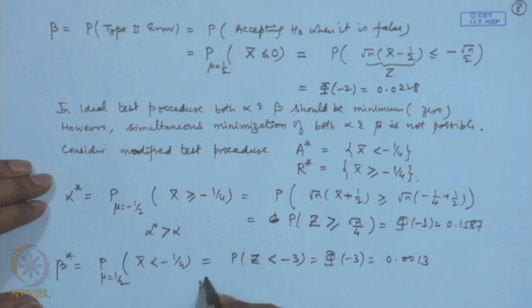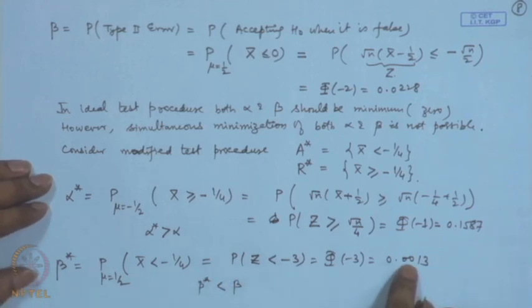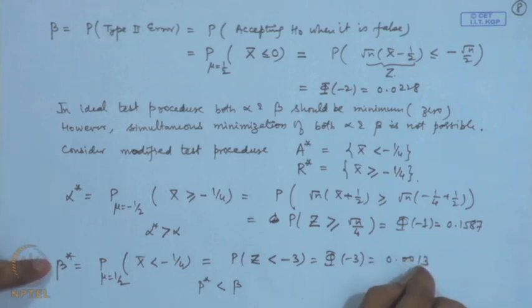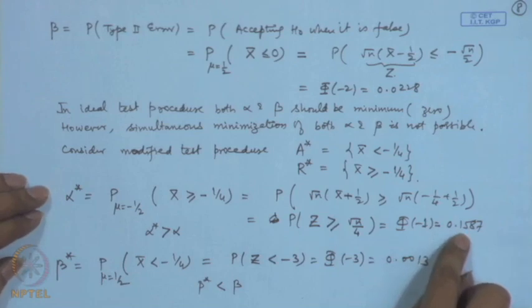So, here beta star is actually less than beta. In fact, this is close to 0.1%, actually 0.001. So, here we have drastically reduced beta star, but that has increased alpha, that is the probability of type 1 error.